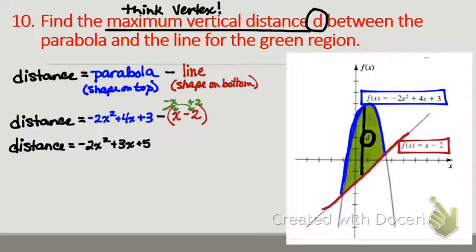I want to find the maximum vertical distance, which means I want to find the vertex, and I want the y part of the vertex. So max distance is the y part of the vertex.